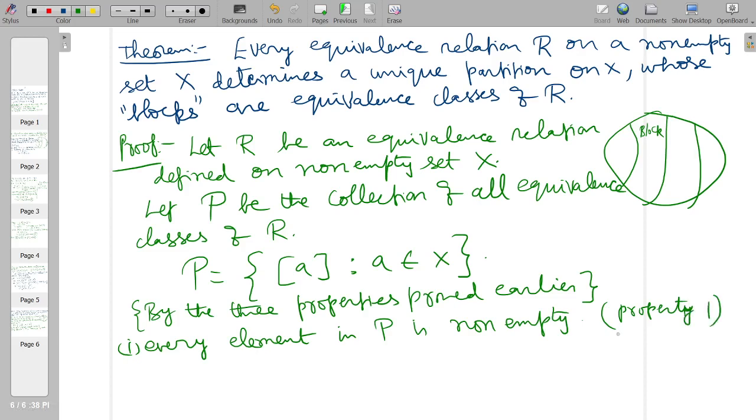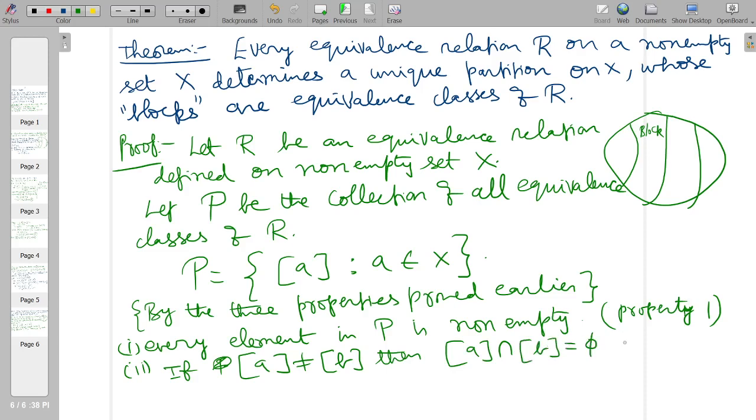And property 2: if equivalence class of A is not equal to equivalence class of B, then equivalence class of A intersection equivalence class of B is empty. This one was property 3. Property 2 was used to prove the third property.